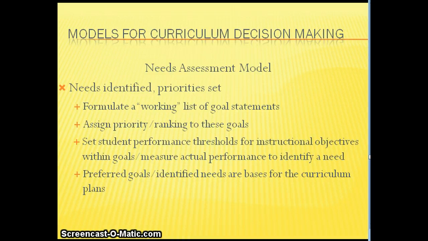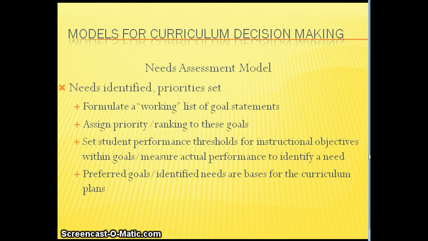One of the other issues that comes up is the measurement used to identify the need. You've got the threshold they set for minimum competency, and then what students are actually doing. And that's how you identify that gap.